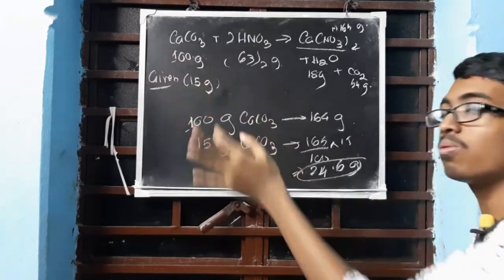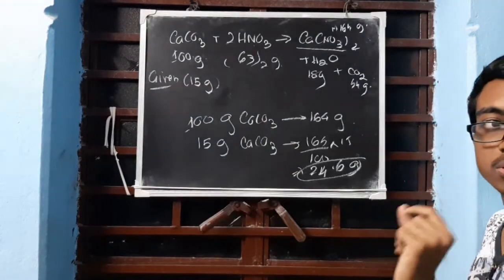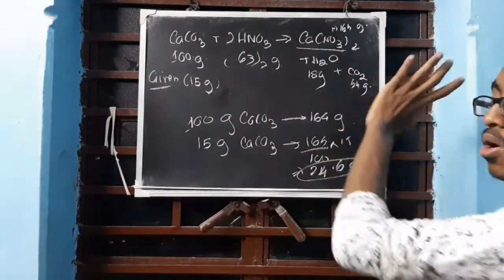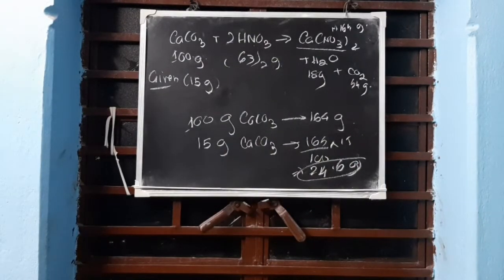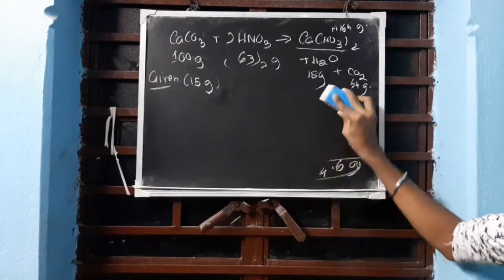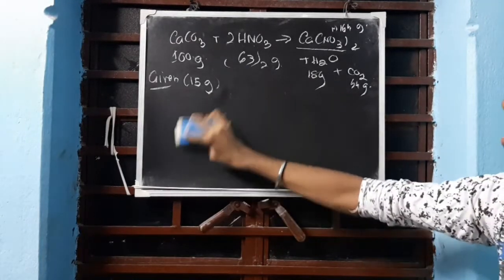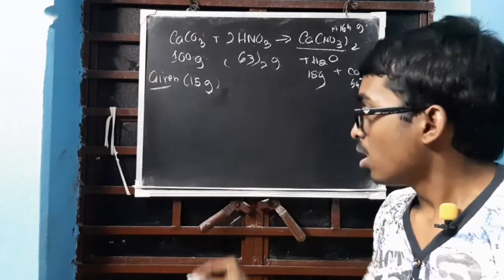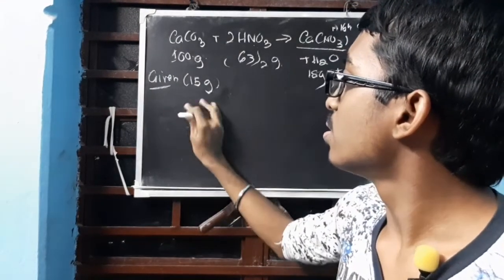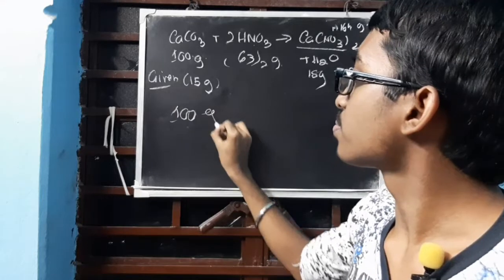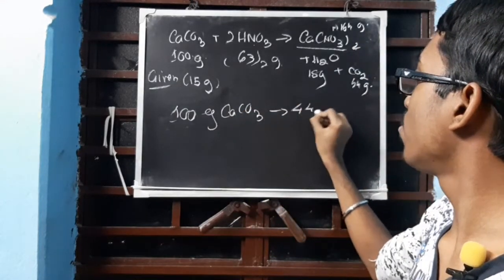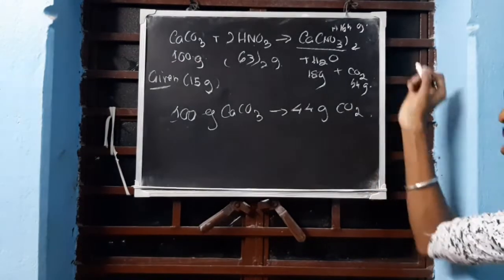But this is given for what? If you are not using it, why is it given? So it is given to use. To use this value, how much will be the volume of carbon dioxide produced? So let's calculate it. 15 gram, 100 gram CaCO3 gives you 44 gram of CO2.